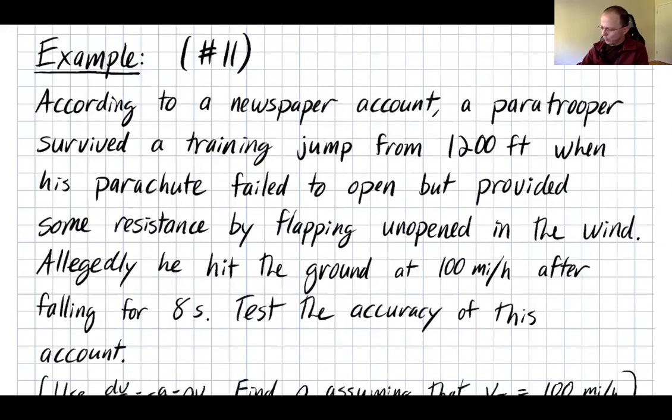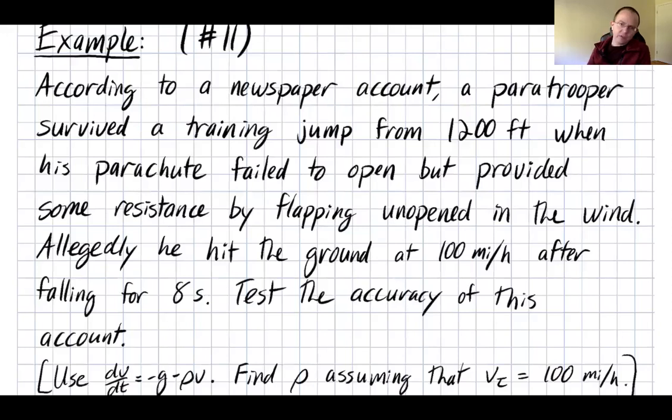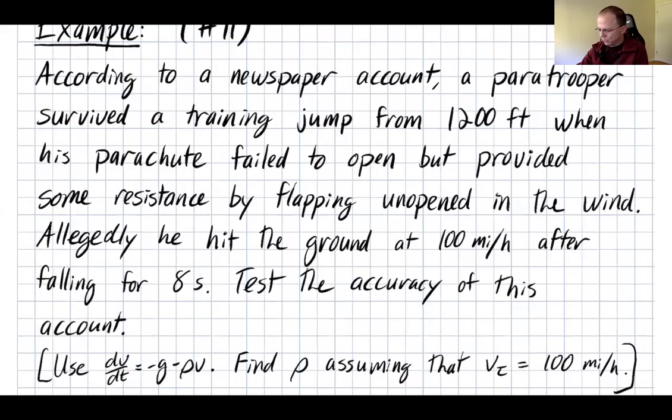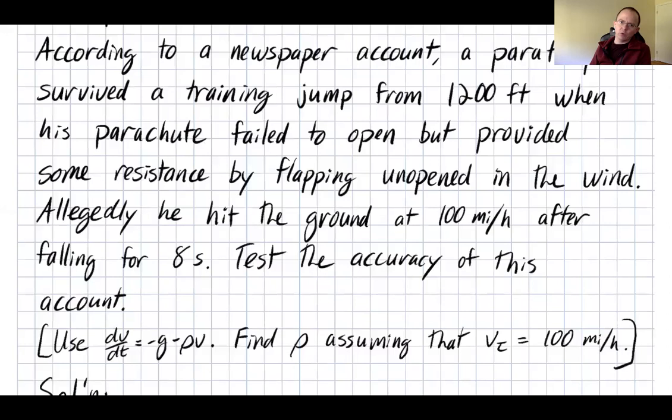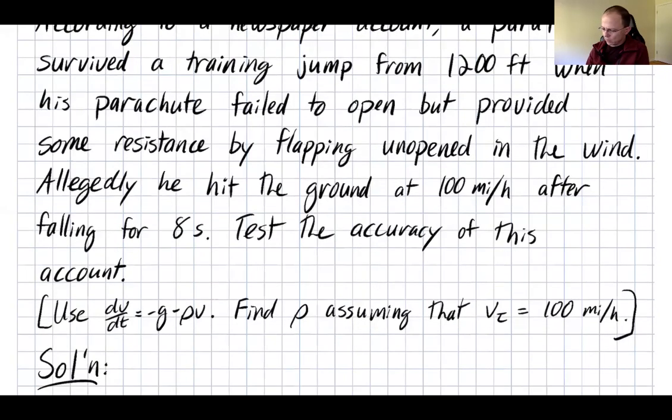So now we want to test the accuracy of this account. So let's say we don't really believe this. We read this newspaper article and we're like, does that actually make sense that he was only falling for 8 seconds? So we're going to use our model for air resistance here.